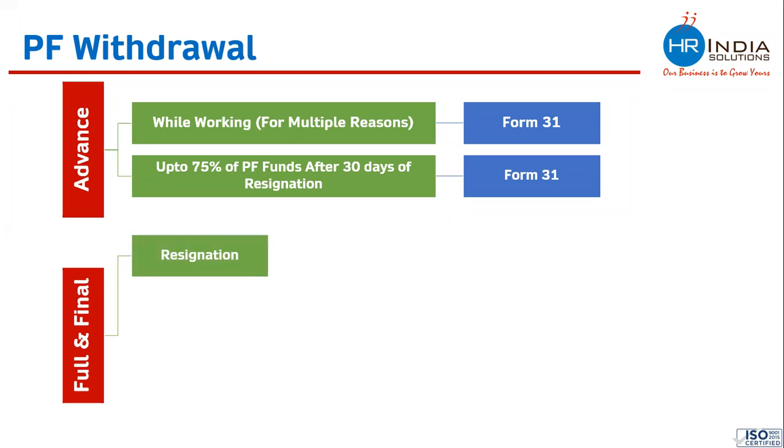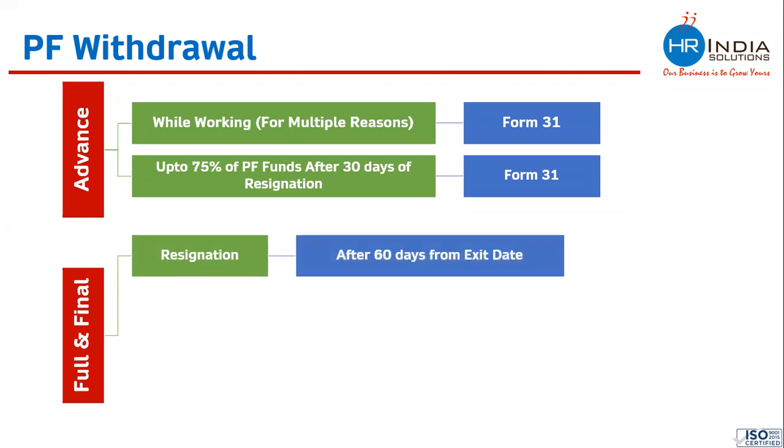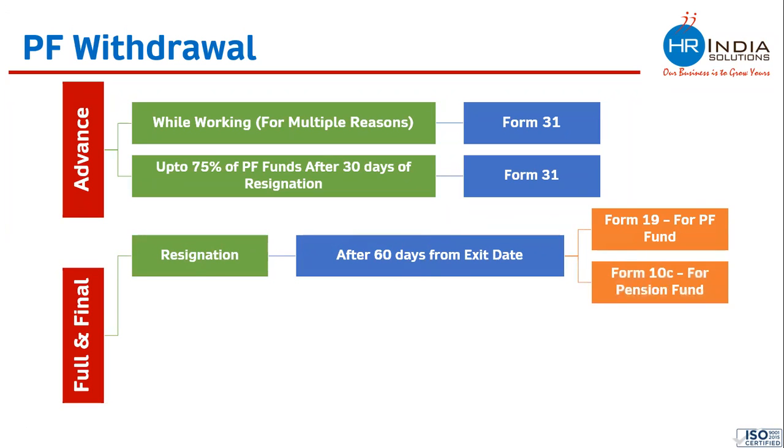This full and final settlement can happen in the case of resignation. Once you have resigned from services and after 60 days, you can apply for the entire money which is there in the Provident Fund and in the pension fund. For Provident Fund, you need to fill Form 19, and for pension fund, you need to fill Form 10C.